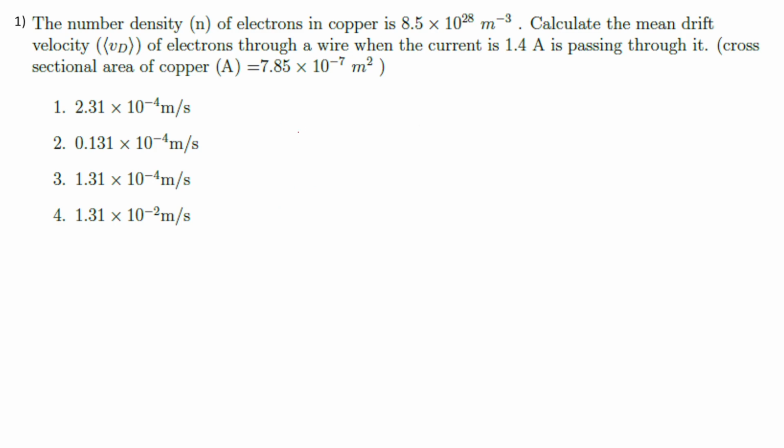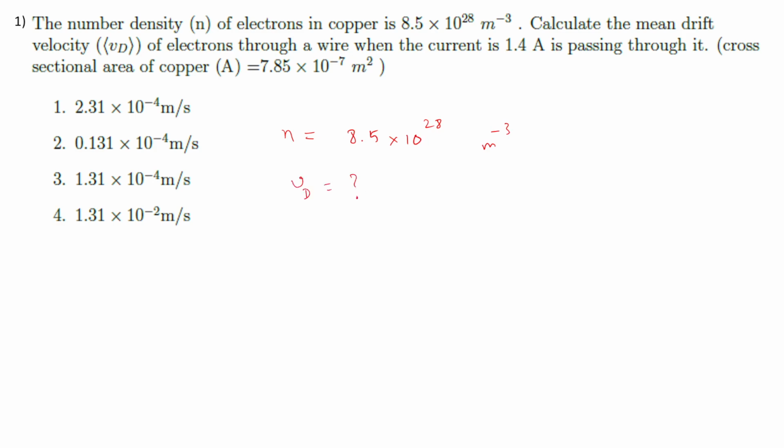You have been given the number density n, which is equal to 8.5 into 10 to the power 28 per meter cube. You have to calculate the drift velocity.